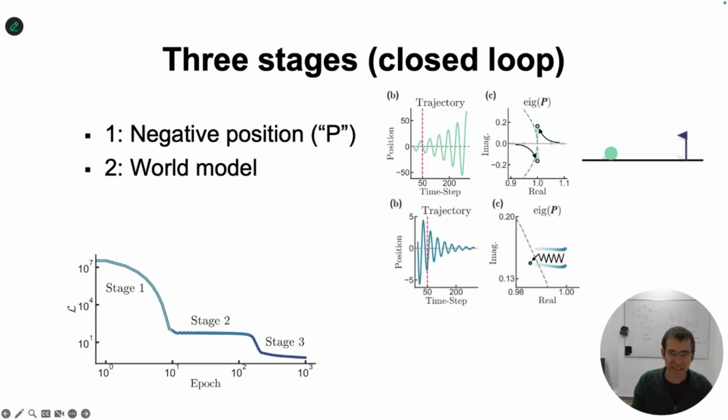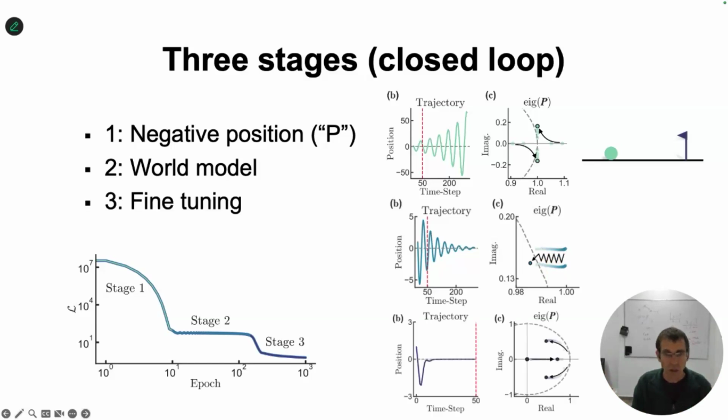This zigzag pattern is this balance of 2 forces, the short-term and long-term parts of your loss function, and the balance between them gives rise to the plateau. Once you're already stable, it's easier to fine-tune the model, pull a couple more eigenvalues, and have a much more rapid arrival to the goal position.